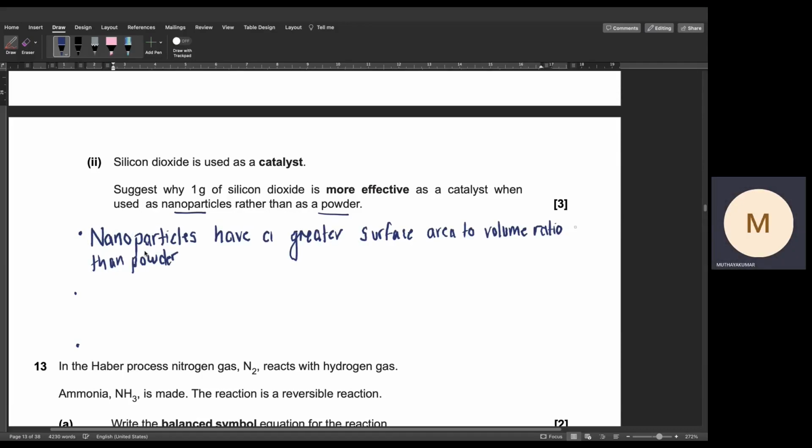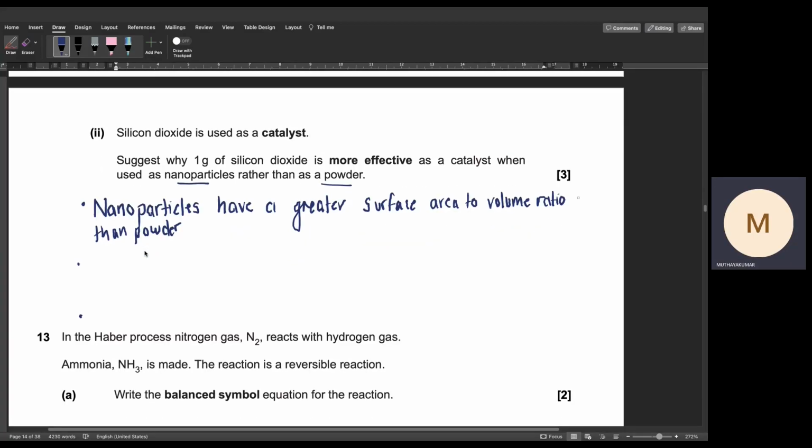So in other words, for the same volume, nanoparticles have a much, much greater surface area. The reason why this is relevant when we're talking about catalysts is because reactions take place on the surface of a catalyst. So that needs to be included in our answer as well.